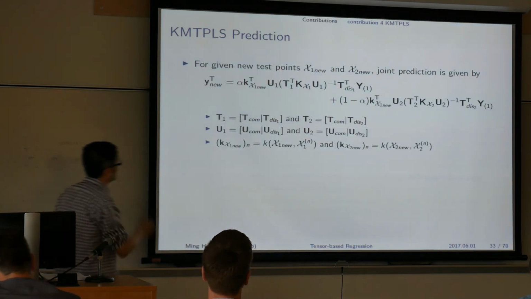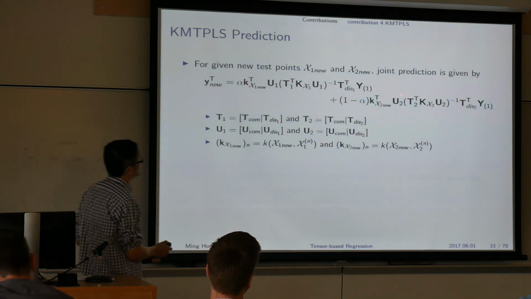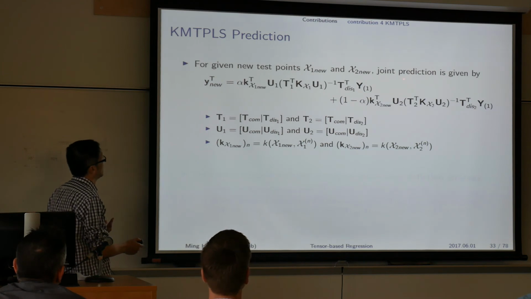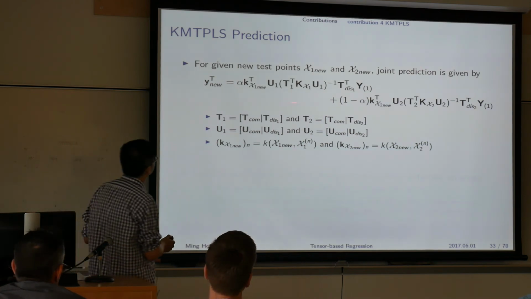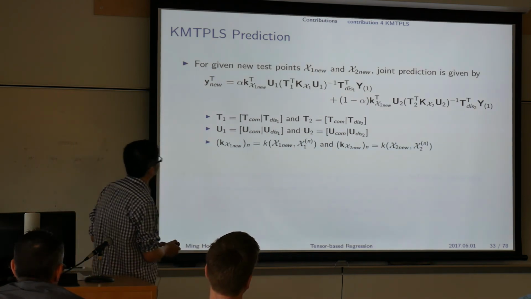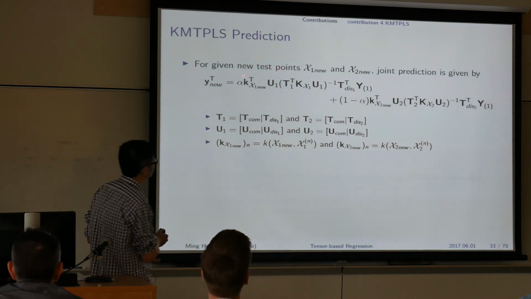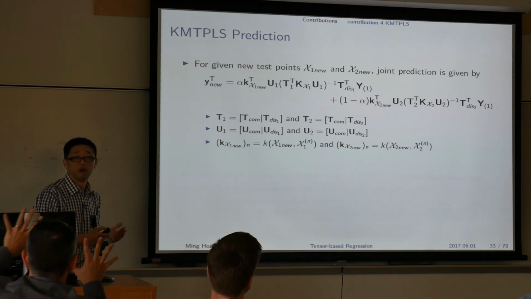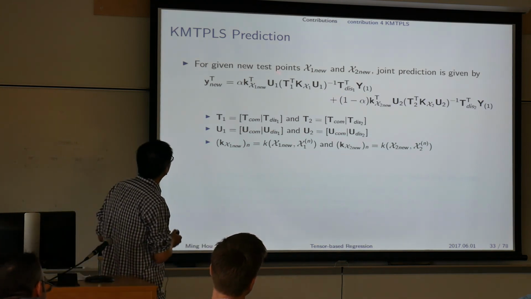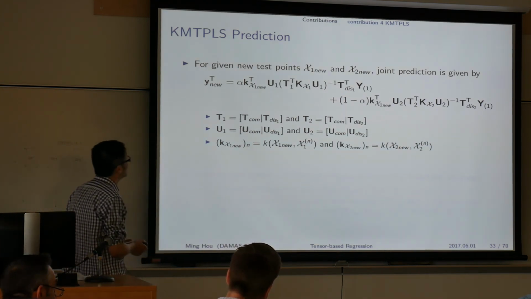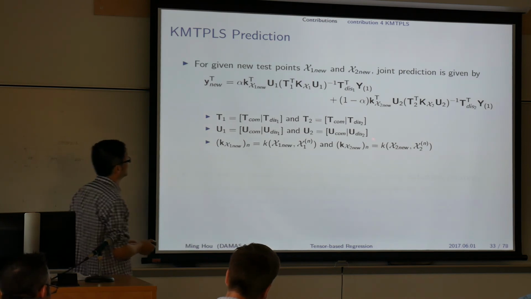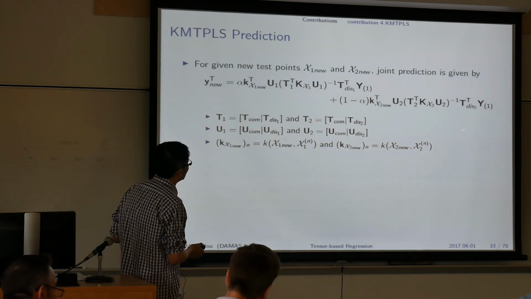And for the prediction, the new response can be jointly predicted by the 2 test points using this formulation, and we can see that alpha is the hyperparameter varying from 0 to 1, indicating the relative importance of each tensor predictor.